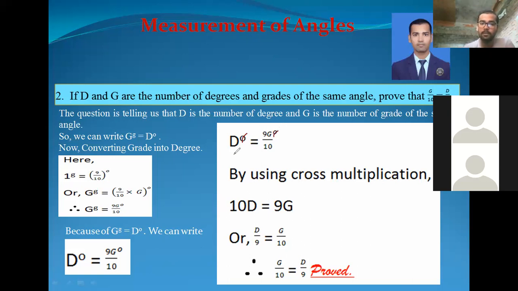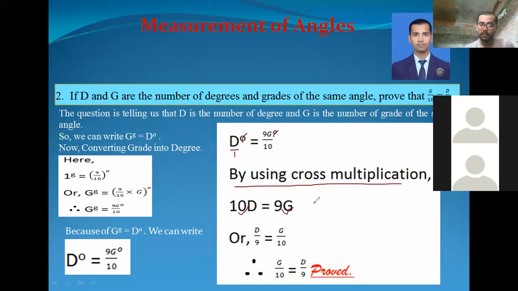Because of the equation, the degree should be cancelled from there. And then we use cross multiplication. After using cross multiplication, there is nothing, it means 1. So D into 10 is 10D here, and 1 into 9G is equal to 9G here.